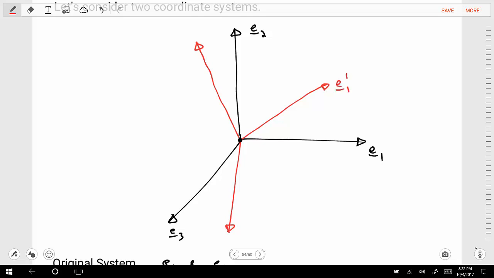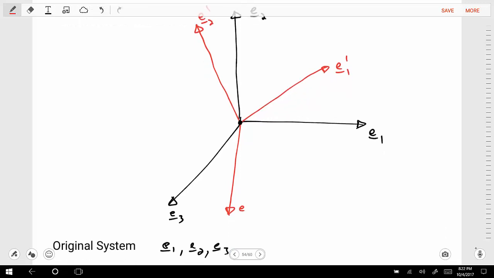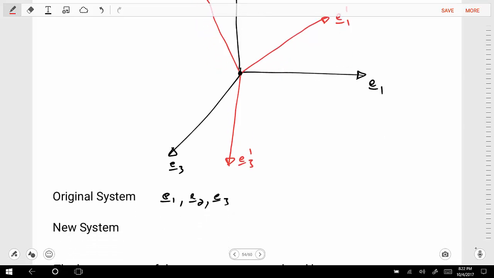So then we can introduce this new coordinate system that is rotated with respect to our original system. So E1 prime, E2 prime, and E3 prime, where the prime is indicating that this is our new coordinate system.